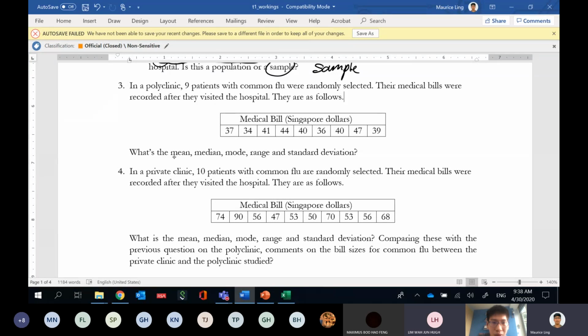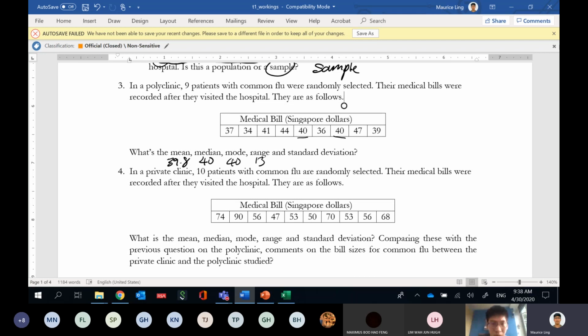Mean, what will we need? My mean is about 39.8. Yeah, 39.8, correct. Your median? 40. Okay, 40, correct. Mode? 40 as well. Okay, because 40 is the mode at this price, right? Yeah. 40. Range? 13. 13, because it's highest minus lowest.